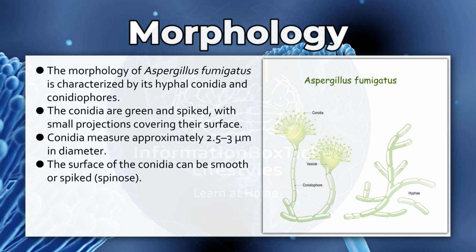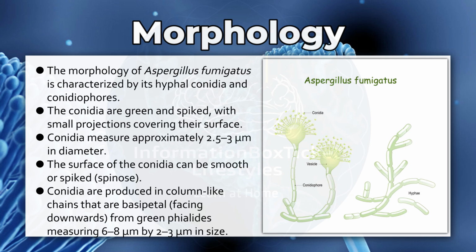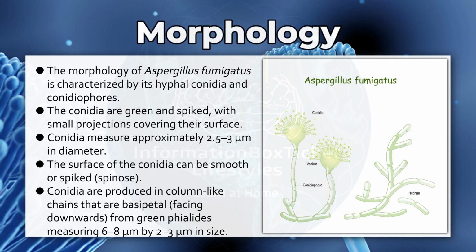The surface of the conidia can be smooth or spiked, spinose. Conidia are produced in column-like chains that are basipetal, facing downwards, from green phialides measuring 6 to 8 micrometers by 2 to 3 micrometers in size.